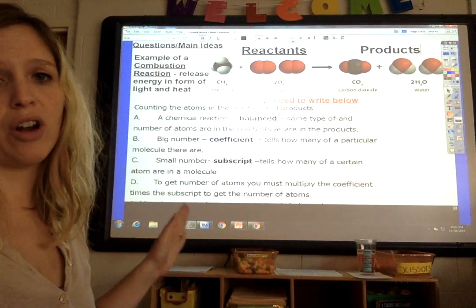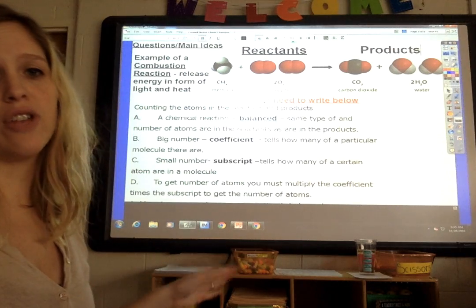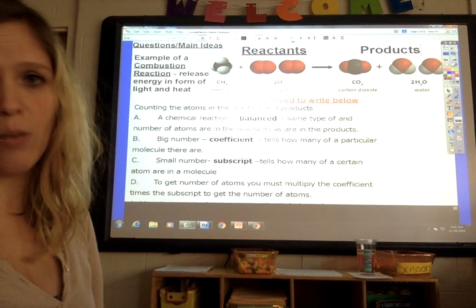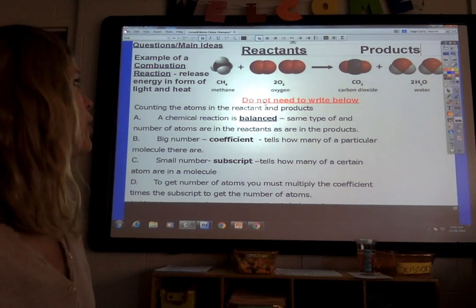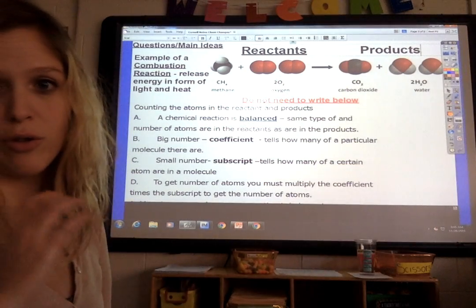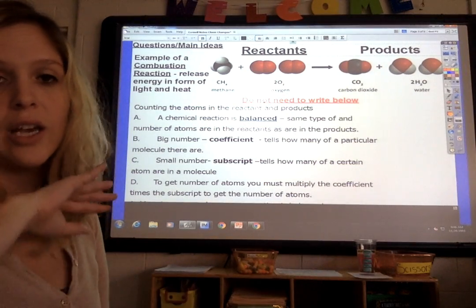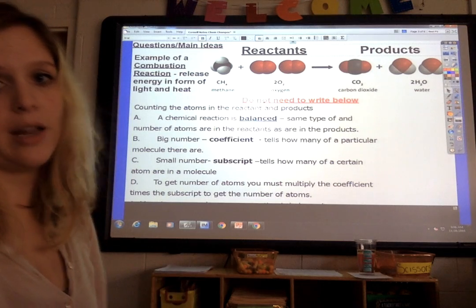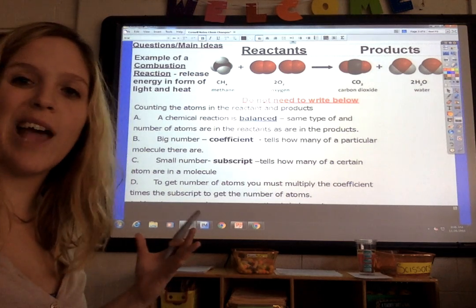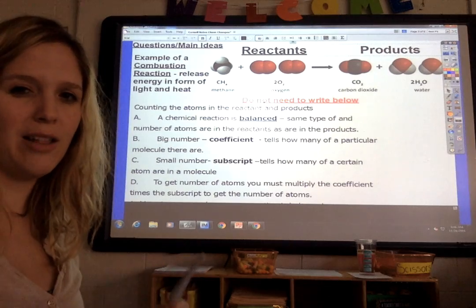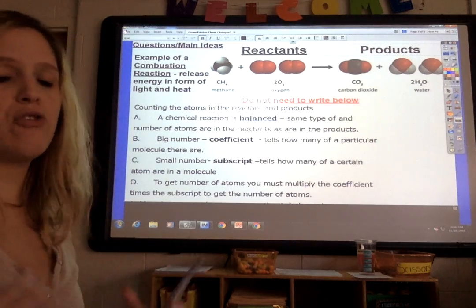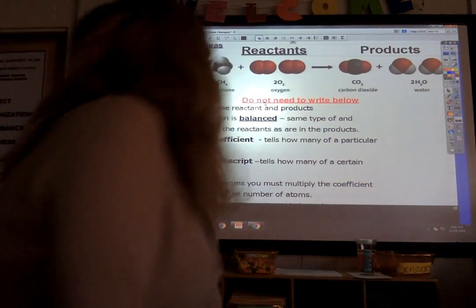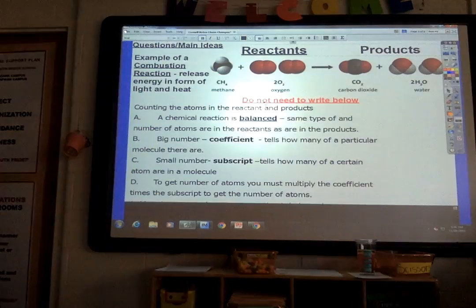So in this case, we started with methane and oxygen, and we end up with carbon dioxide and water. Okay? That's how we know there's a chemical change. Irreversible change, new substances created. Now the crazy thing is, we haven't created any new atoms or elements here. They've just rearranged themselves. And let's prove that here.